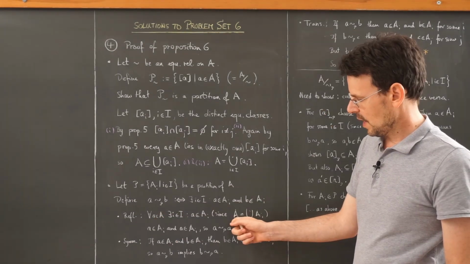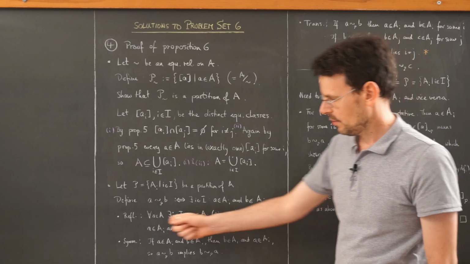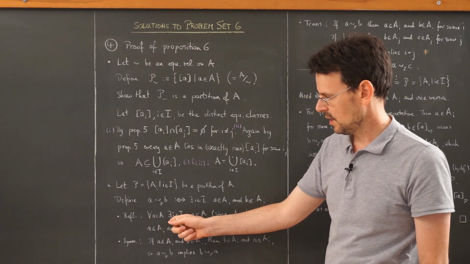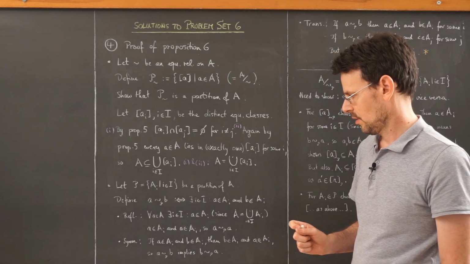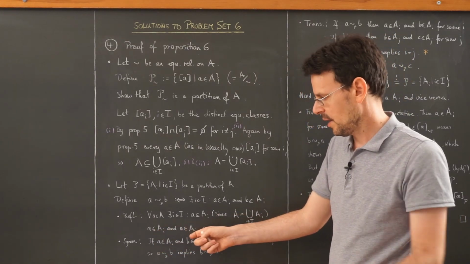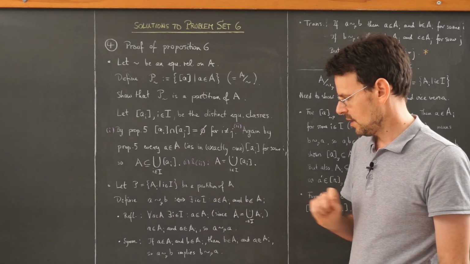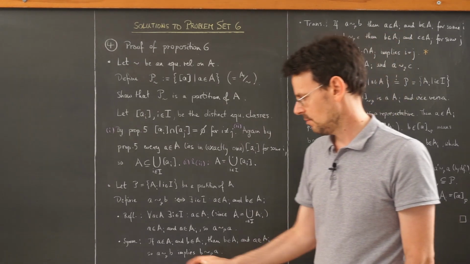Because A can be written as the union of the A_i, for every a in the set, I can find an index i such that a lies in A_i. And trivially, a lies in A_i and a lies in A_i, so by definition of this relation, a is in relation to itself. So we have reflexivity.